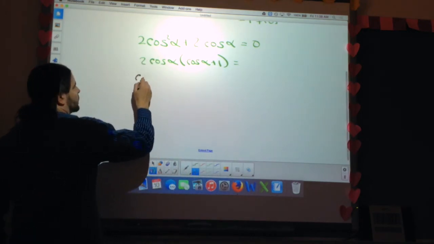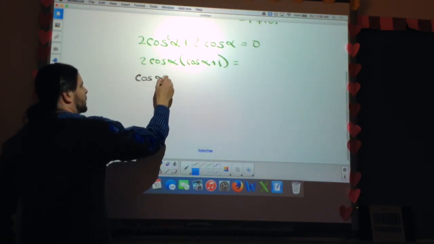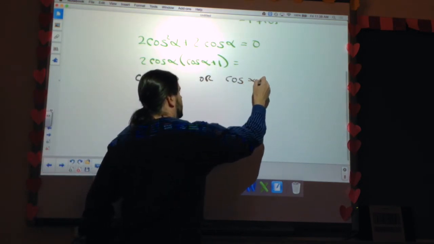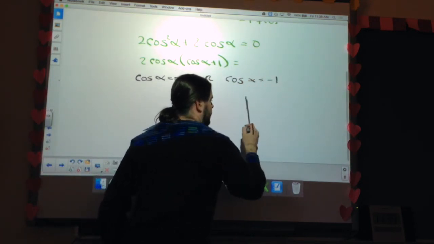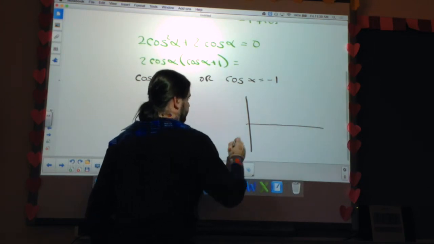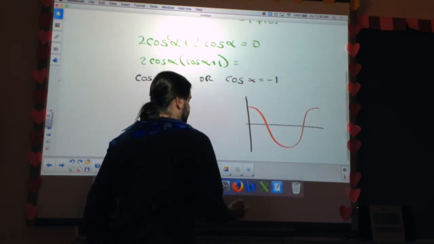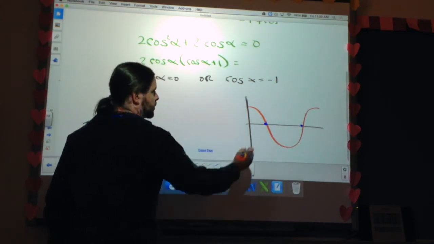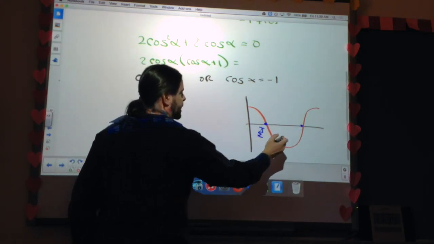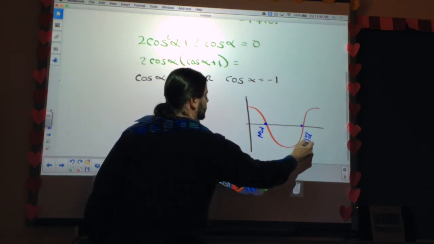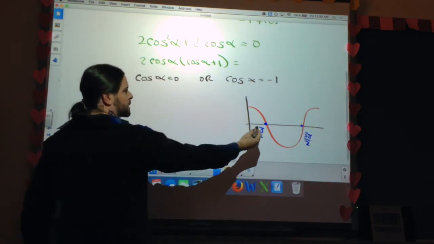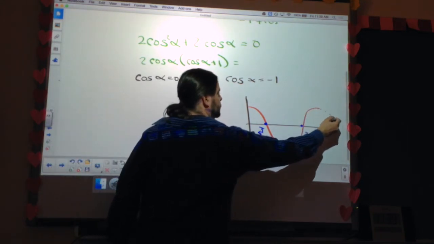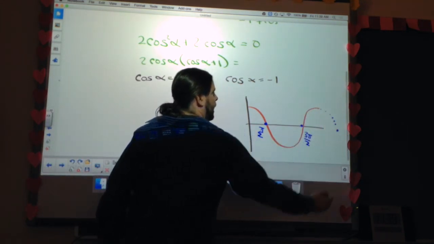So either cosine of alpha equals 0 or cosine of alpha equals -1. Again, where's that true? It's 0 here and here. That's at pi over 2, and that's at 3 pi over 2. That's actually a distance of pi. And if I added another pi, I would get back to 0 again.